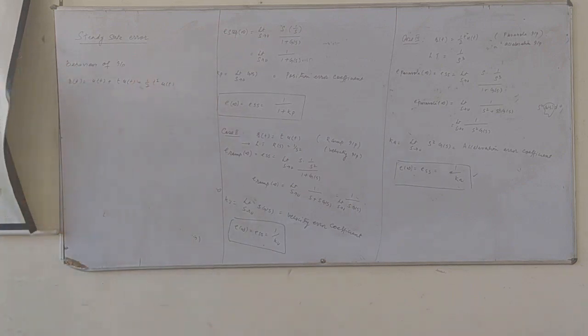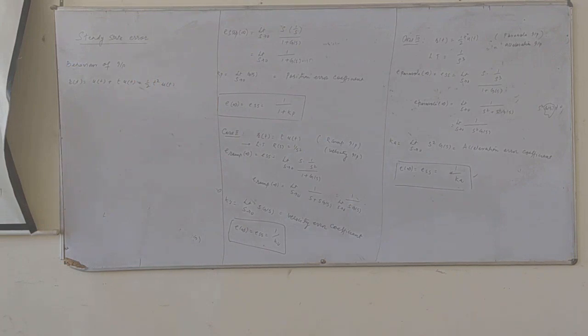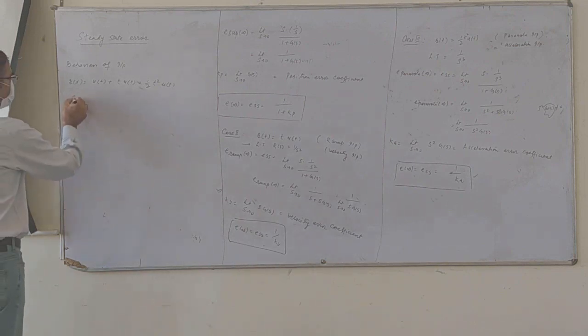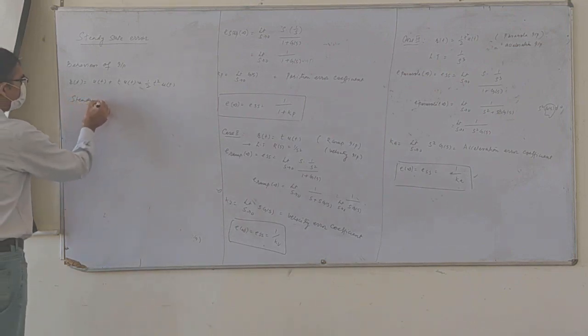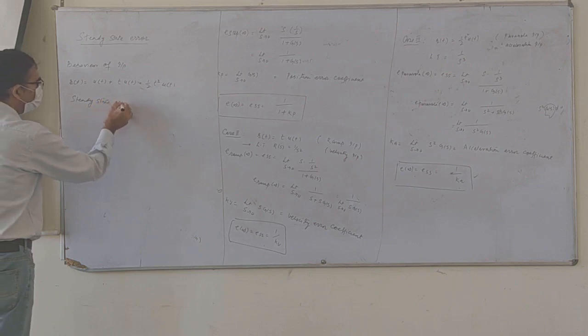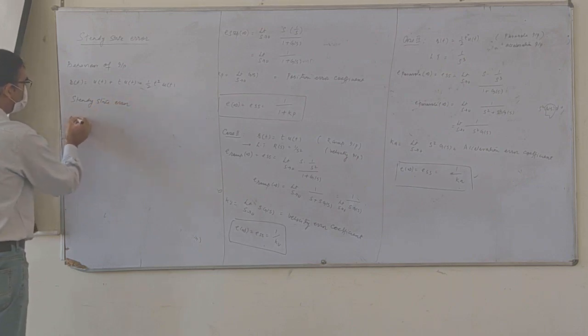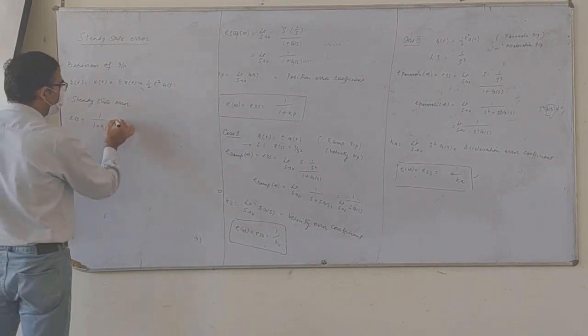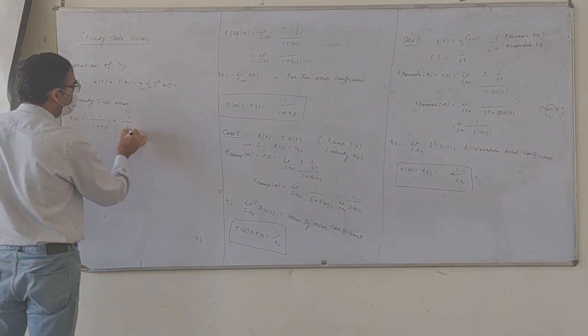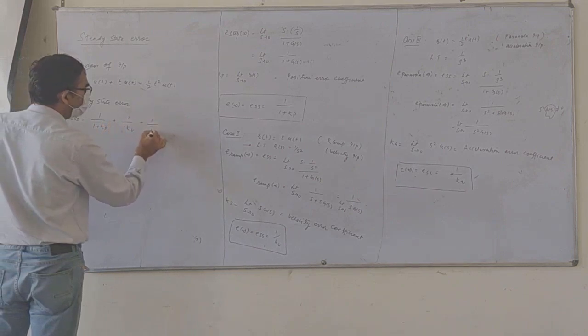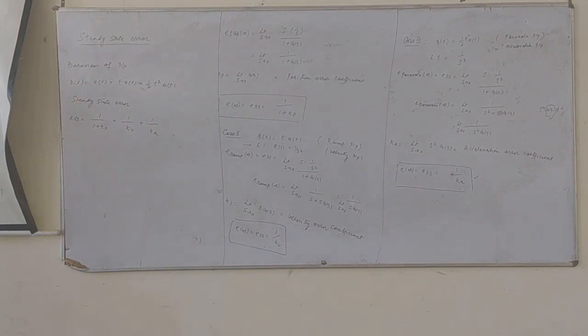Now, for this, if I have to write the steady state error, directly I have to write it. ESS will be given as 1 upon 1 plus Kp plus 1 divided by Kv plus 1 divided by Ka, that's all, finished. We don't need to do anything else, but we need to know the values of Kp, Kv and Ka.